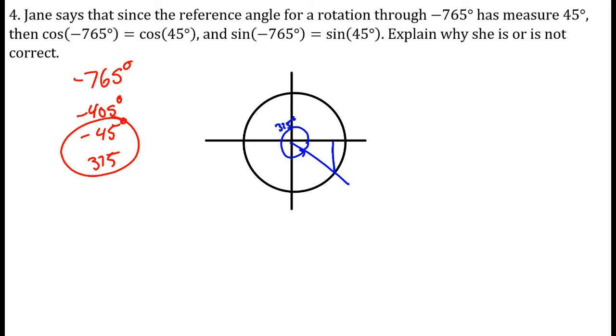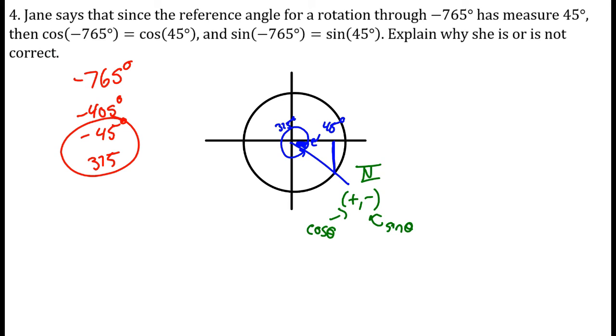Our reference angle always drops down to the x-axis. What's that blue angle there? That blue angle is actually 45 degrees. So she is correct in saying that. However, in quadrant 4, my x's are positive and my y's are negative. So cosine is positive and sine is negative.